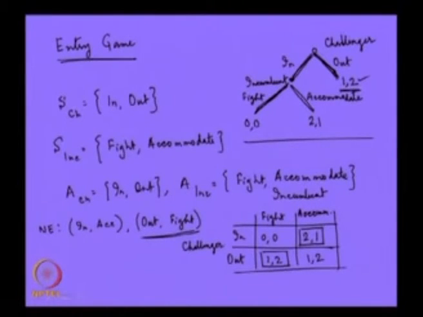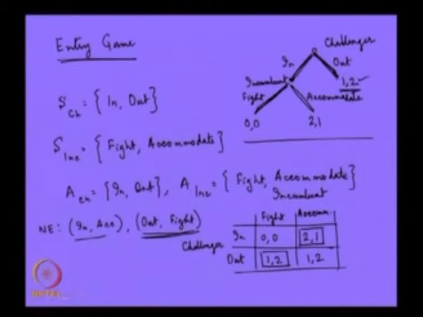So, it makes no difference to the payoff that he is getting, and anyway he is getting the maximum payoff that is possible for him, which is 2. So, this is an equilibrium, this is also an equilibrium. That is why both of them are Nash equilibria.